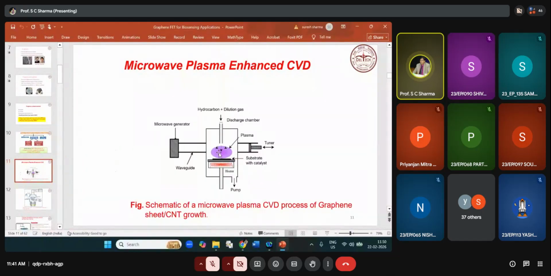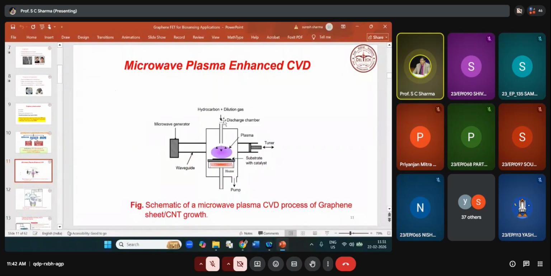Now, after 10 minutes, inject hydrocarbon gases, either methane CH4, or ethylene C2H2, or C2H6, along with dilution gases, meaning hydrogen or argon.